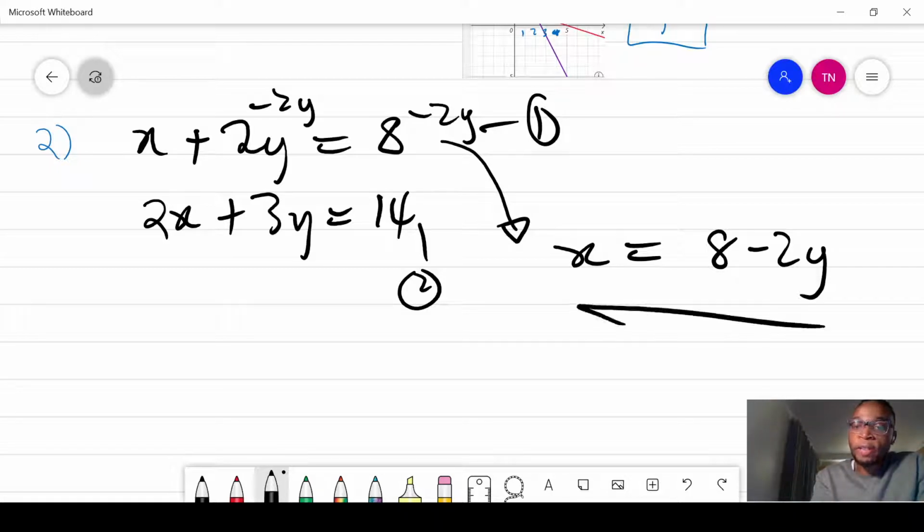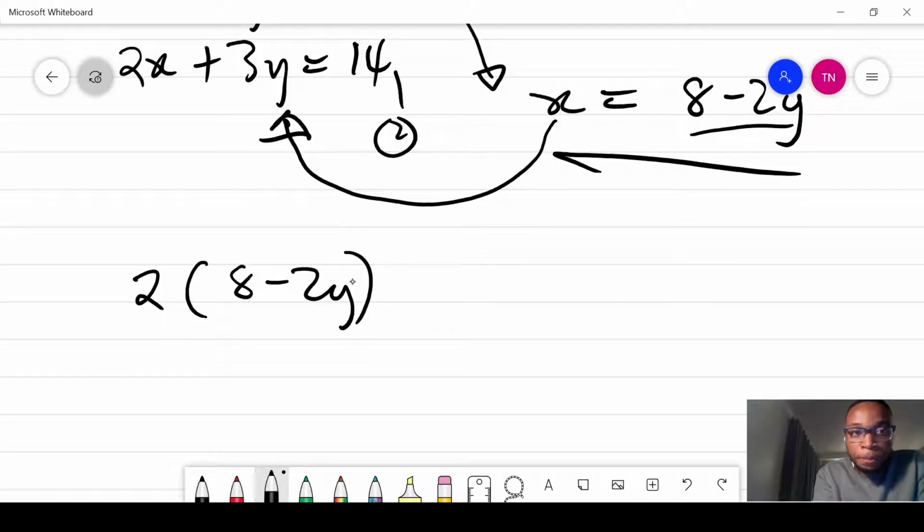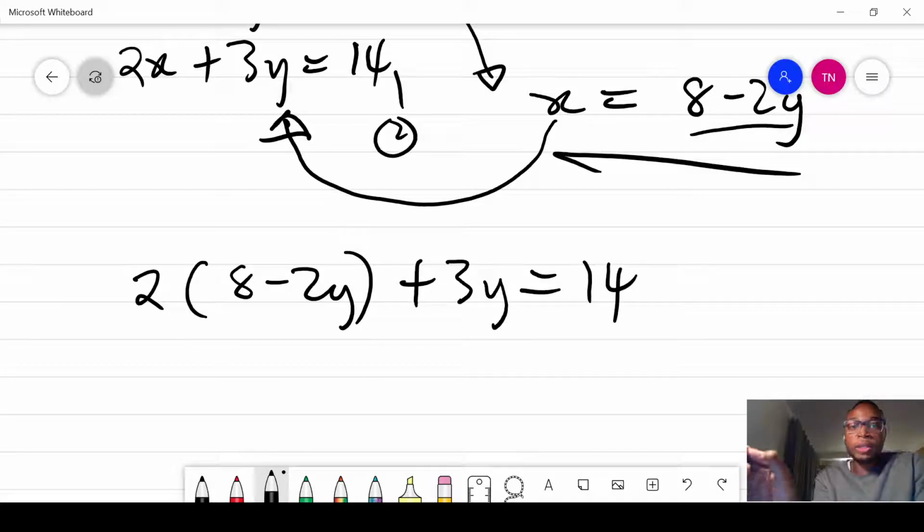Then we substitute it in equation number 2. Wherever we have x, we replace it with 8 minus 2y. So this gives us 2 multiplying 8 minus 2y, plus 3y equals 14.